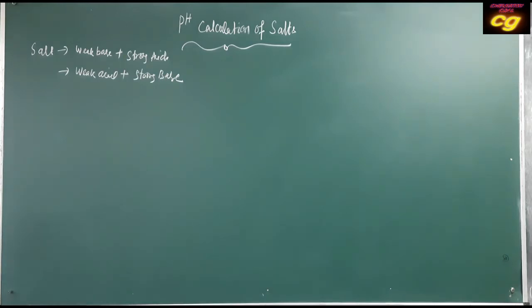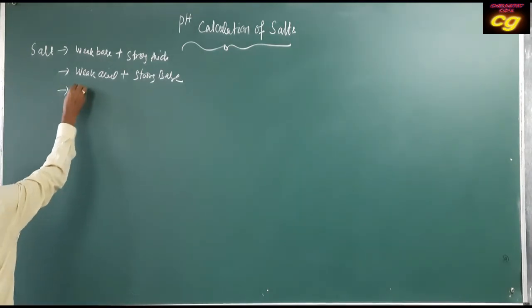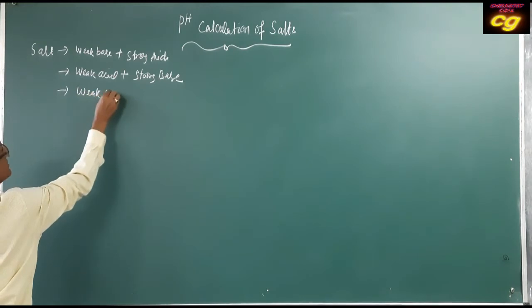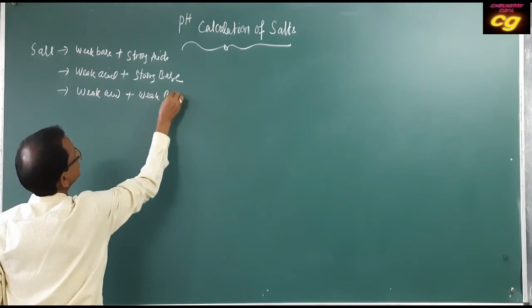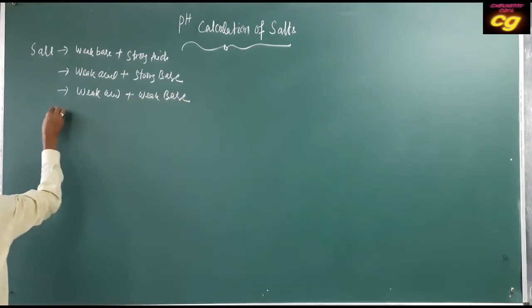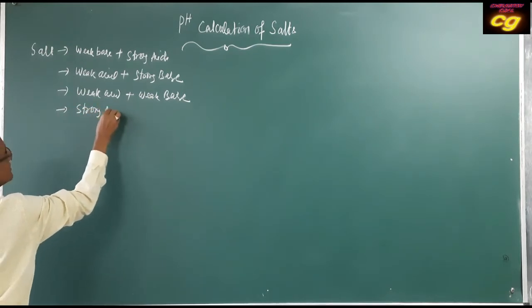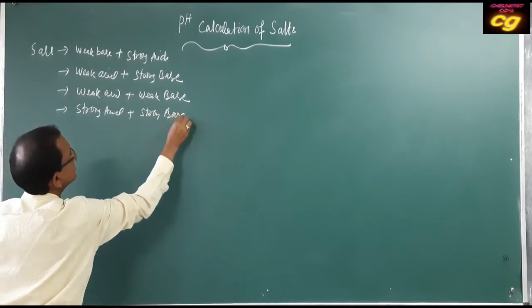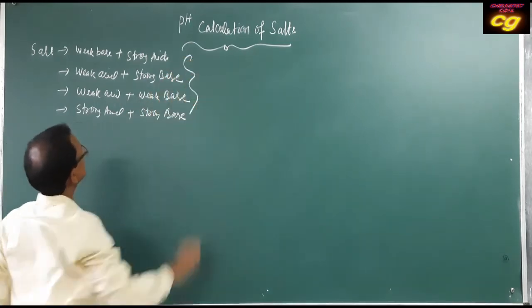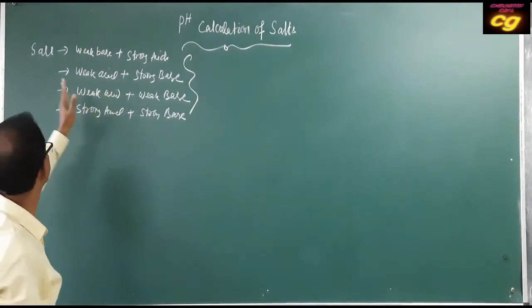It may also be produced from strong acids and strong base. So these are the combinations of acids and bases forming the salts.